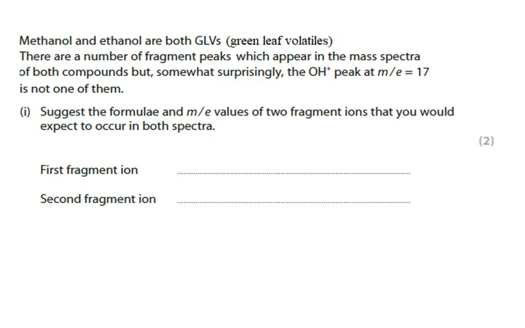First of all, do we know the structure of methanol and ethanol? You should realize that methanol has one carbon and OH, and the other has two carbons and OH. So these are the structures of methanol and ethanol. Now, which fragment would you expect to be present in both?